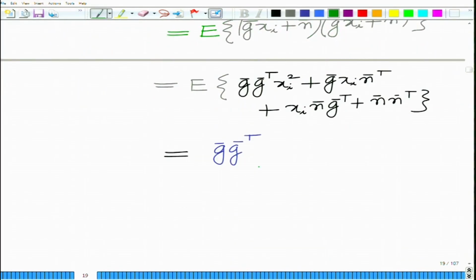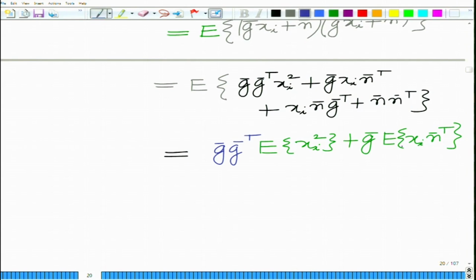So, you have G bar G bar transpose times the expected value of xi square, plus G bar times the expected value of xi, the symbol of the interfering user, times n bar transpose.